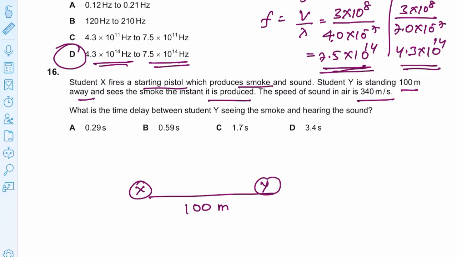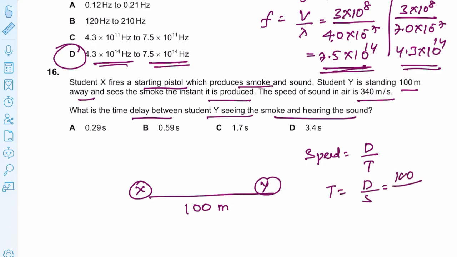The question is, what is the time delay between student Y seeing the smoke and hearing the sound? So simple. We know that speed equals distance over time, and time equals distance over speed. Very simple. So 100 over 340 equals 0.29 seconds. So 0.29 second means option A will be the correct answer.